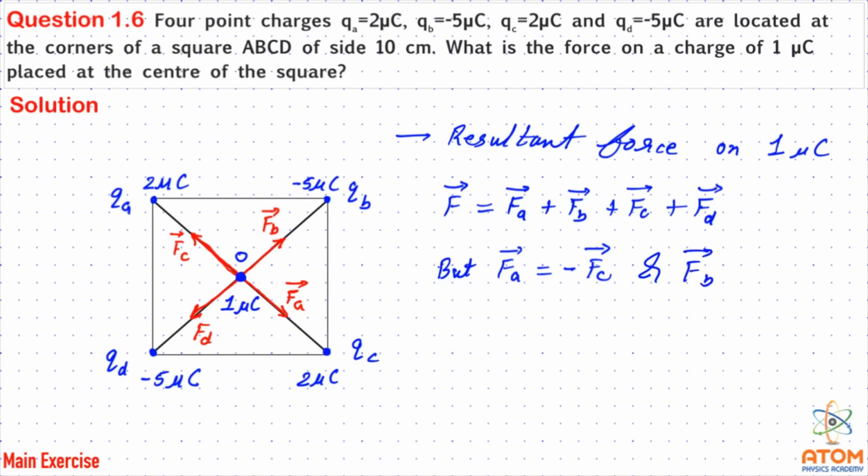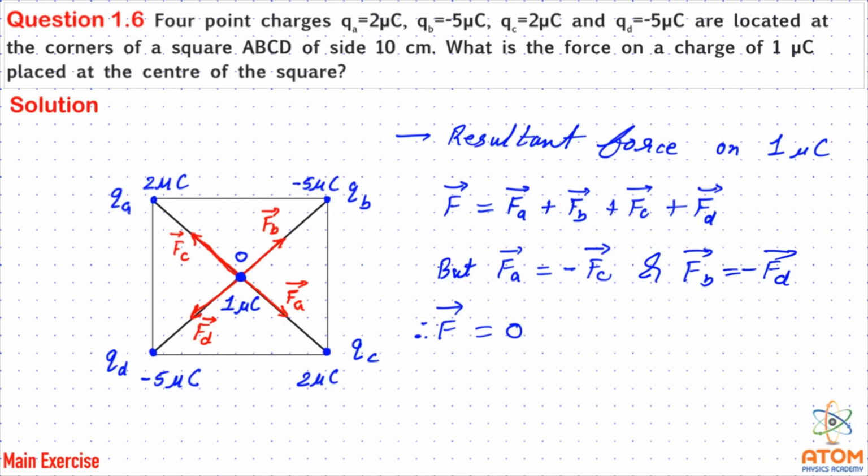This FB will be equal to minus FD. FD and FB both are exactly in opposite direction. So we can now write that F will be equal to just 0.